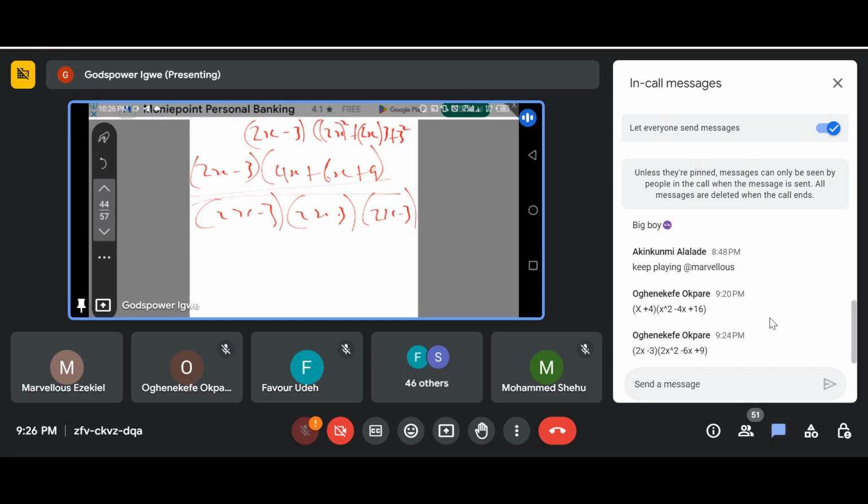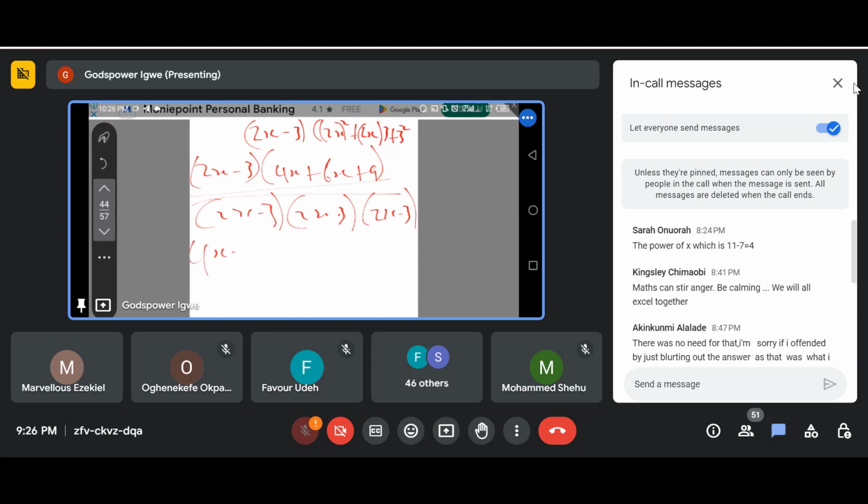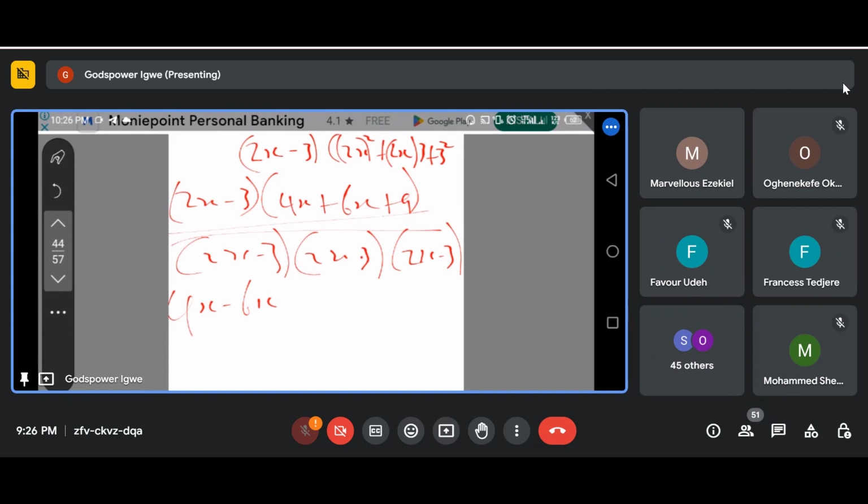Take this to this first to give you 4x, minus 6x, and this one minus 6x, then this one is plus 6x. Just do it like that, you will get there. Because the process is long, that's why they're telling us to memorize the formula, then you can go.